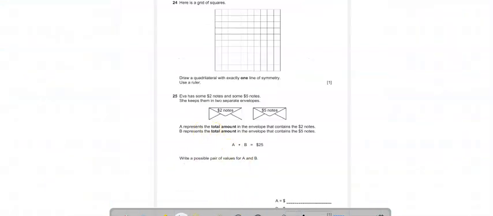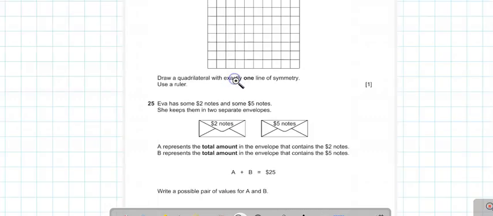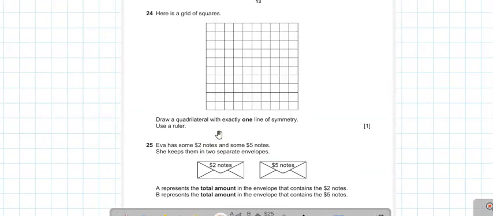Here is a grid. Draw a quadrilateral with one line of symmetry. Use a ruler. To make a quadrilateral with one line of symmetry, it means it's a kite or isosceles trapezium. So I will draw a kite.